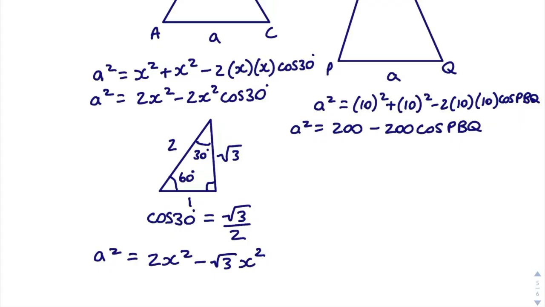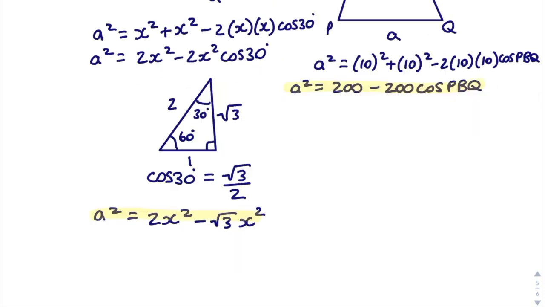So what we can do is we can make these two expressions, this one here and this one here, equal to each other. So we can say that 2x squared minus root 3 x squared equals 200 minus 200 cos PBQ.